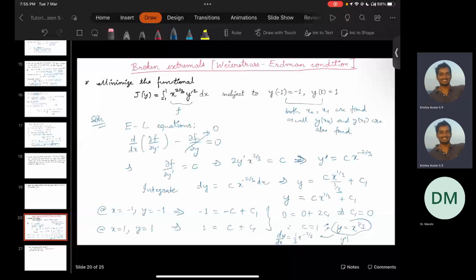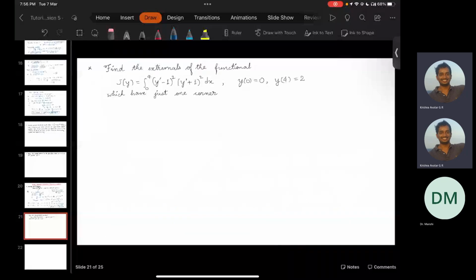So y prime at x is equal to 0 tends to infinity, which means that we have a continuous function, but it's not a smooth function. So it has a corner at x is equal to 0. However, to solve this problem, we did not require any corner conditions. That was the main goal of taking up this problem. Let's go to another problem where we require the corner conditions, or the Weierstrass-Erdmann conditions.